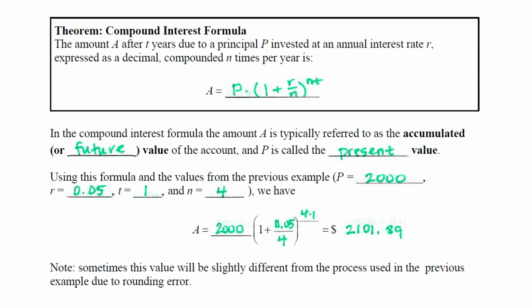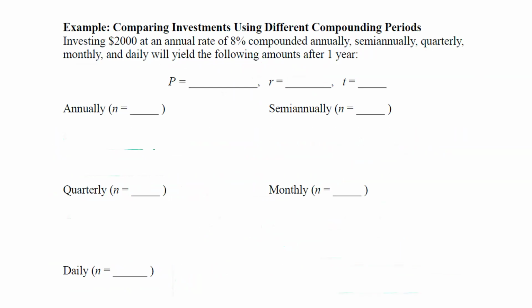Okay, let's go to another example. So here we're investing $2,000 at an annual rate of 8% compounded annually, semi-annually, quarterly, monthly, and daily, with yield the following amounts after 1 year. So our P here, what's given to us, is $2,000.